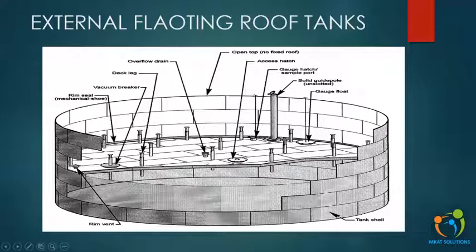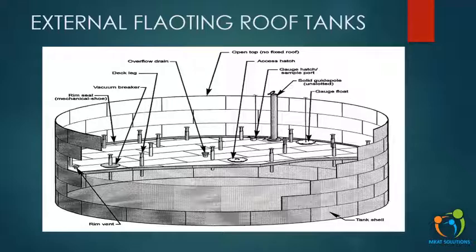Now why is this provided? What happens is that fluids like petrol and diesel are highly volatile in nature, and their evaporation rate is very high. What happens if we keep a gap for the air? The evaporation rate is very high, right? And these are all atmospheric tanks, so we cannot allow the vapor to build up.